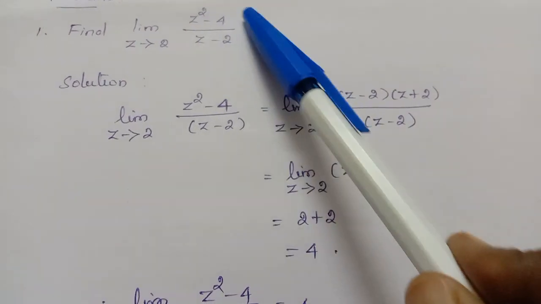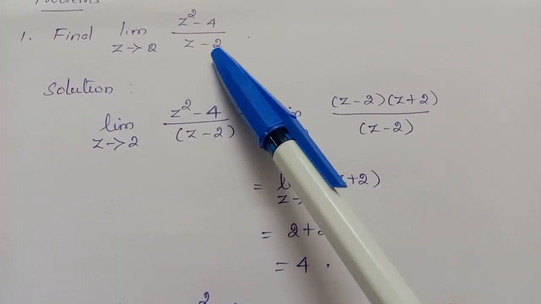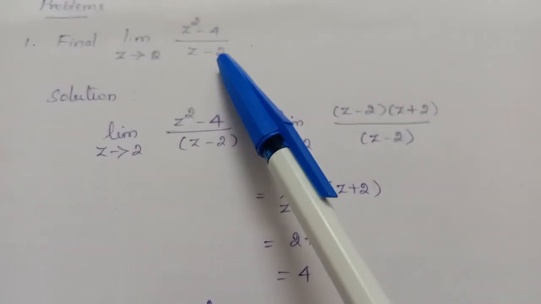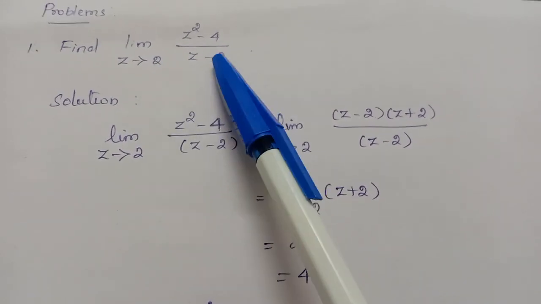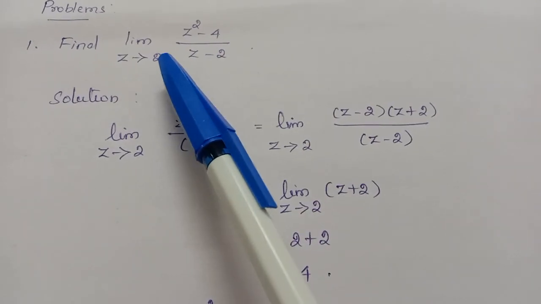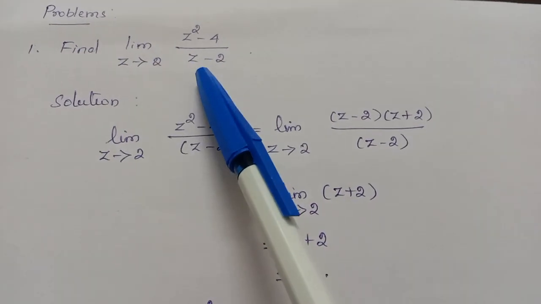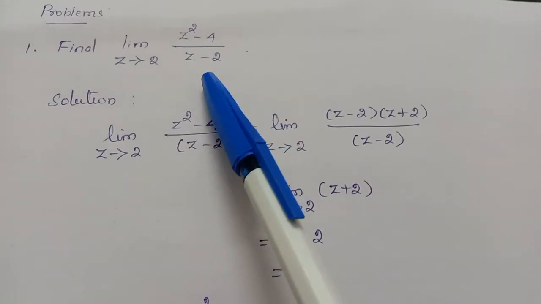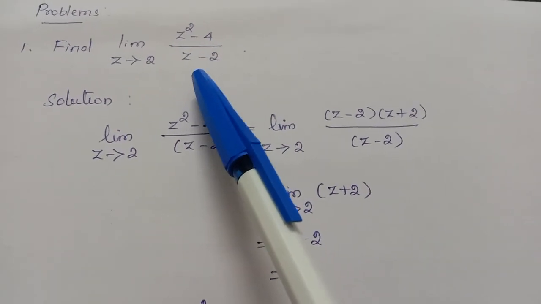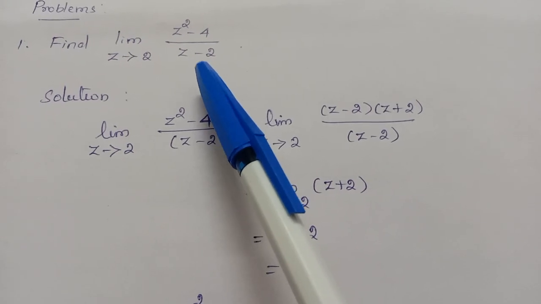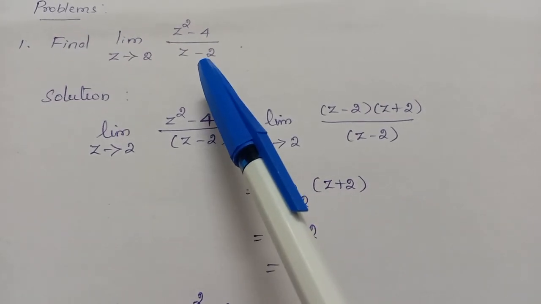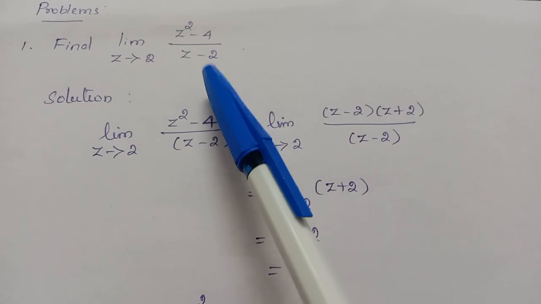So what are we actually doing here? See, this is the function defined in the complex plane. As it is, I cannot find the value of this function at z equal to 2, because if you substitute z equal to 2, it will become 0 by 0 indeterminate form. So when the function does not explicitly have any value at a particular point, you have to find its limit value.